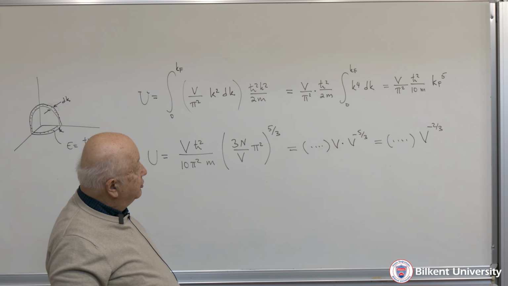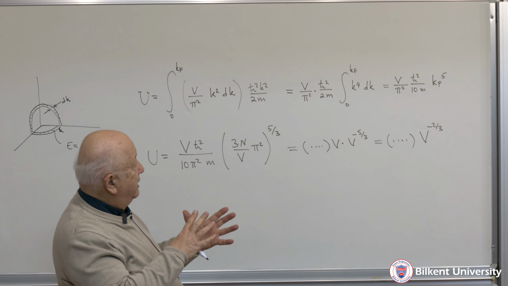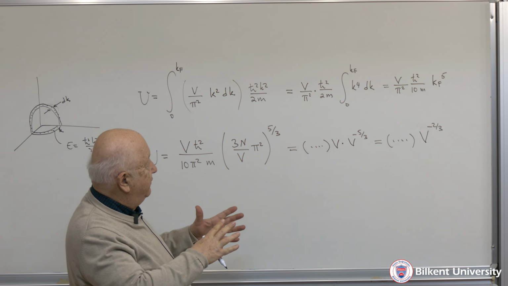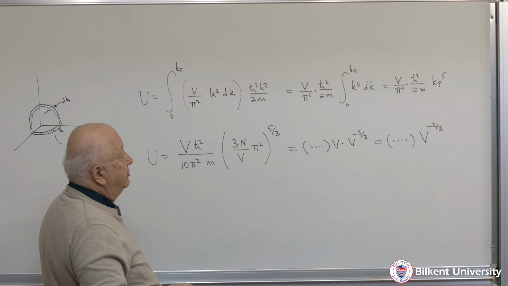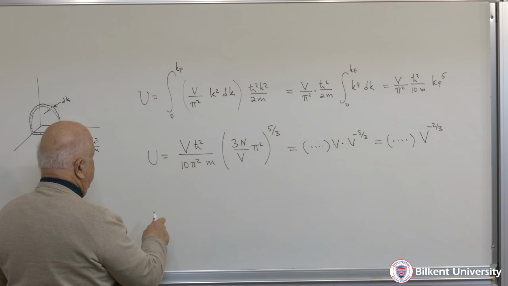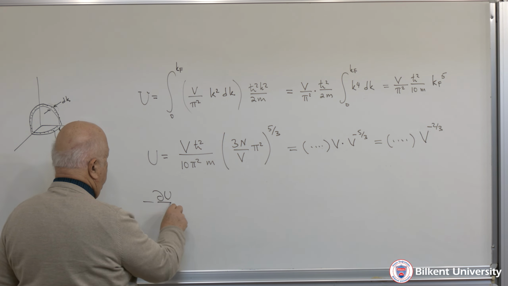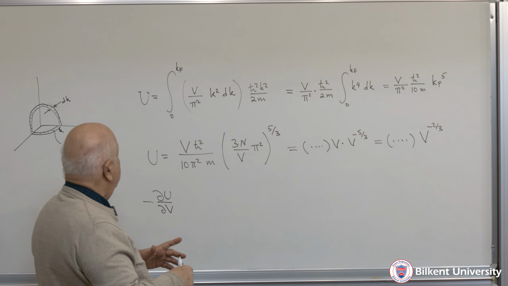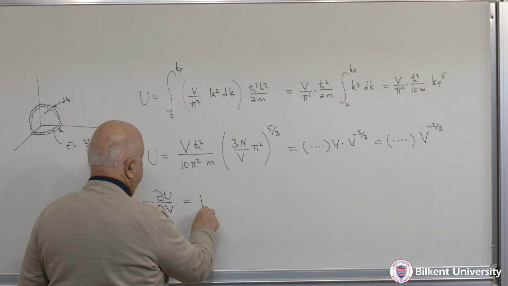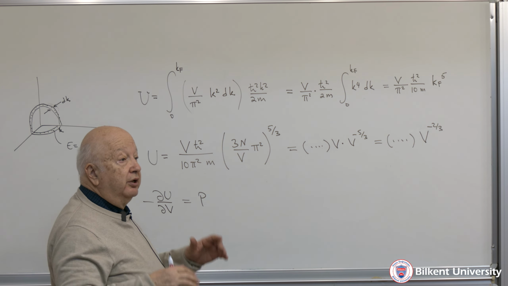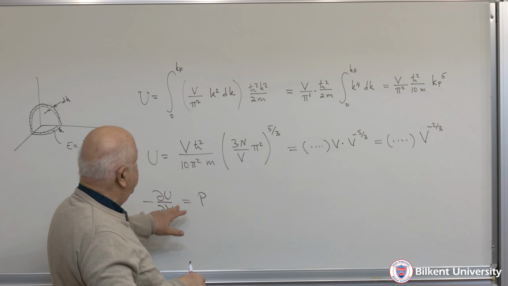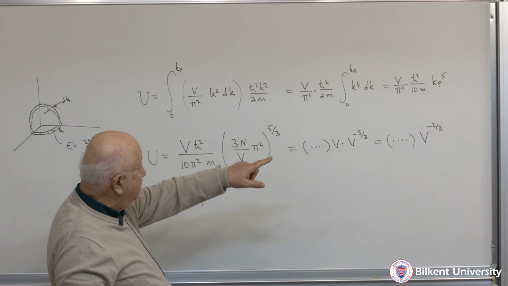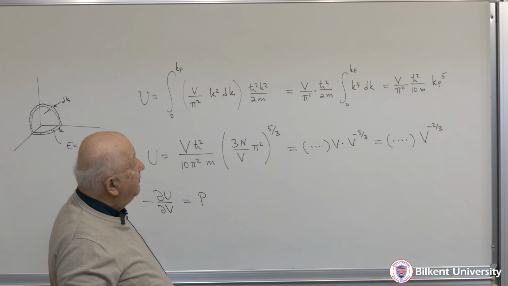So the internal energy is going to increase as I push the system in, and conservation of energy tells us, first law of thermodynamics, if you change the volume of the system, the change in the energy is going to give you the pressure. So the pressure on the surface of the box will be given by that. And what happens if I differentiate that quantity with respect to V?